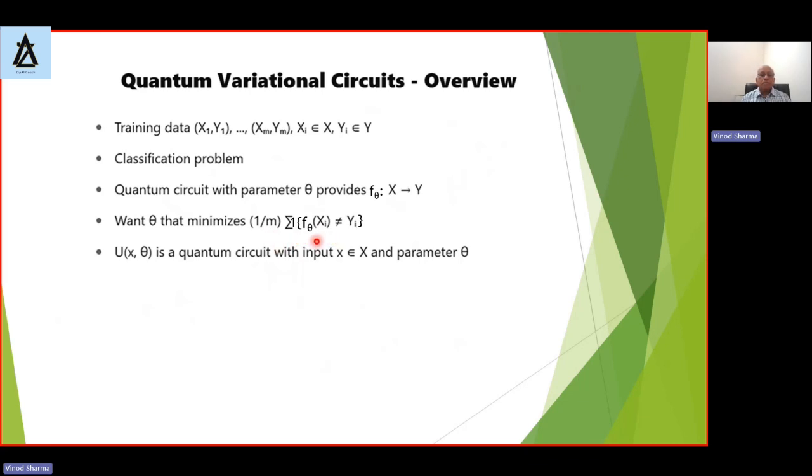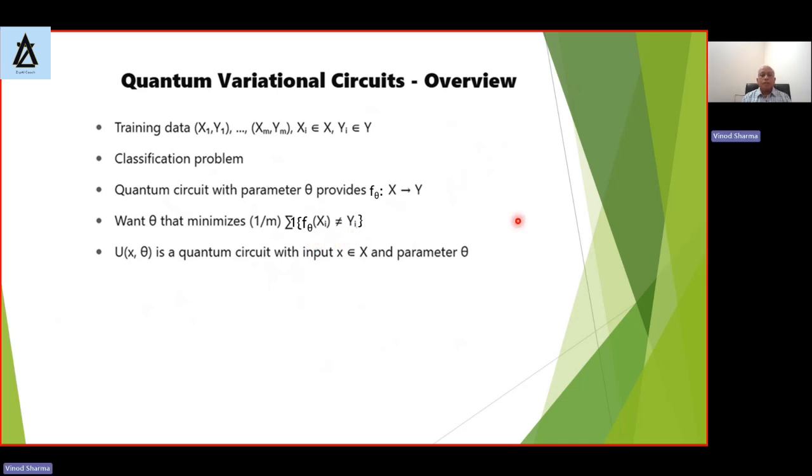So what is the error? For a given theta, f theta xi is the classification given by the circuit. And if that is different from the label yi of xi, you would sum over all of them, then that gives the average error for a given quantum circuit theta. We find theta which will minimize this error.